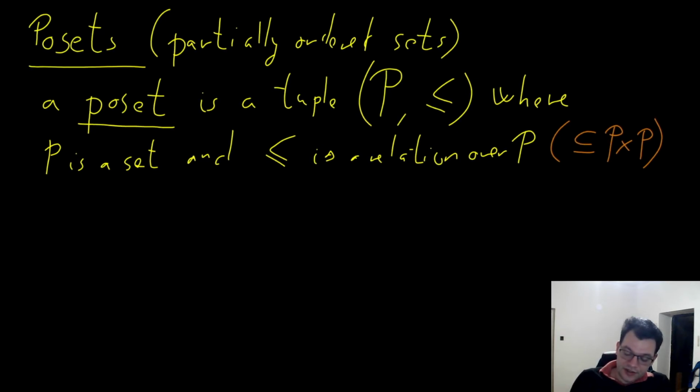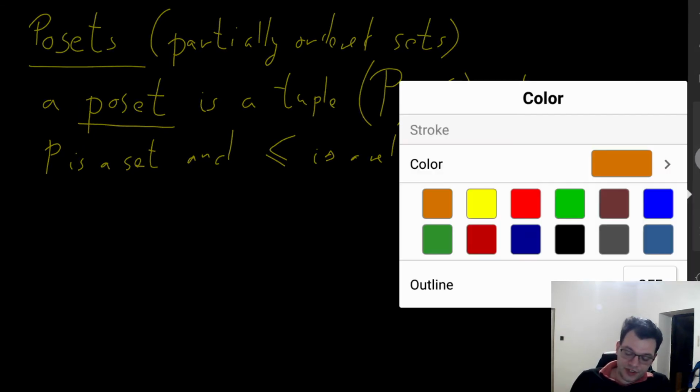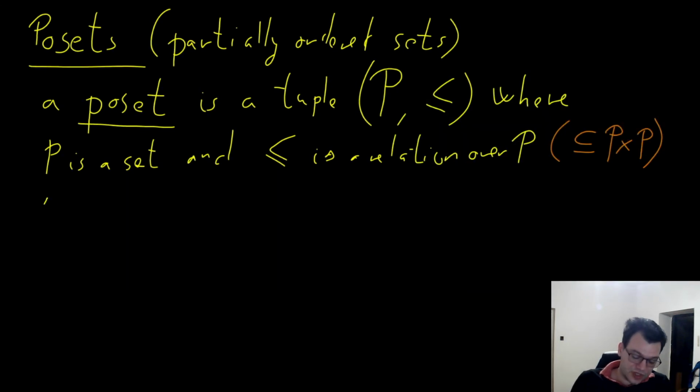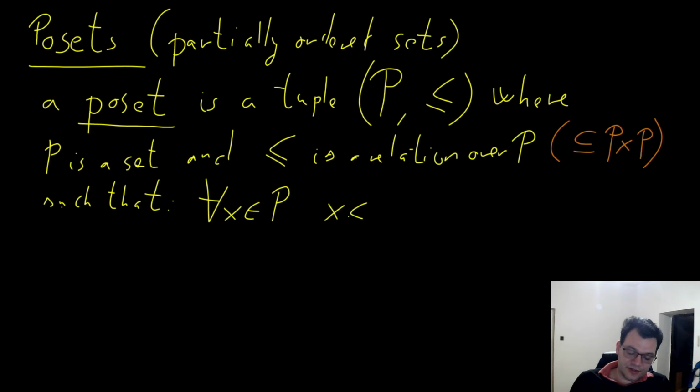But this smaller than or equal to should satisfy some laws. First, for each element of P, say X, we should have X being comparable with X. That's fine, the numbers usually do that. Let's move to the second one.